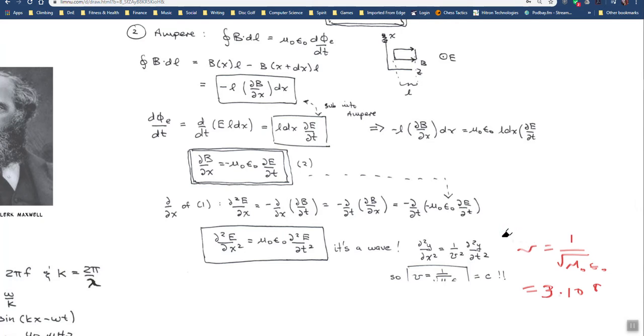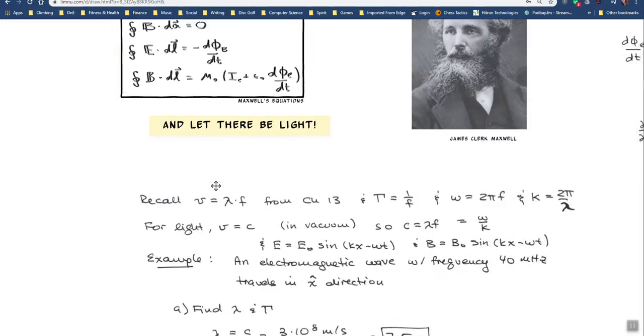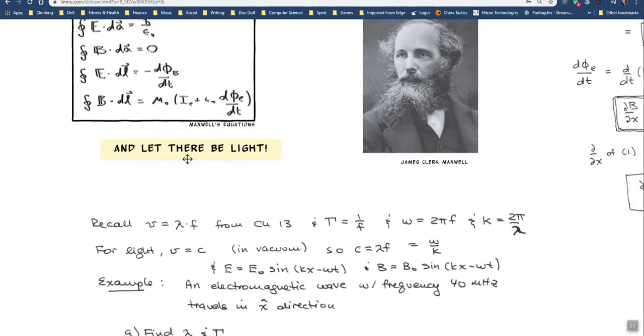So Maxwell was like, aha, this is no coincidence. This is a wave, and its velocity is equal to the speed of light. Therefore, electromagnetic waves are light, or light is an electromagnetic wave. That was a big deal. We didn't know that, right? Now we know. That's why we put "and let there be light" after Maxwell's equations.